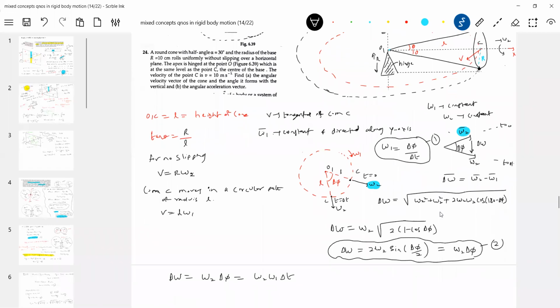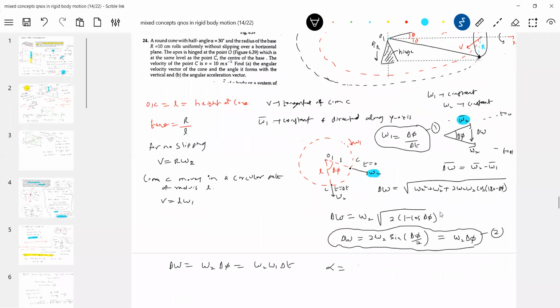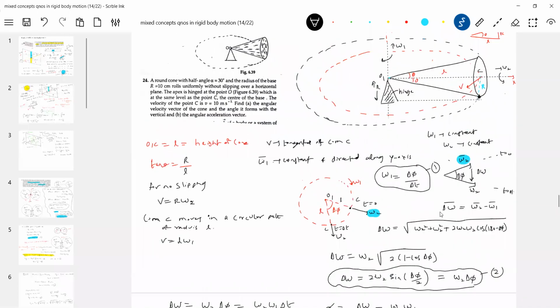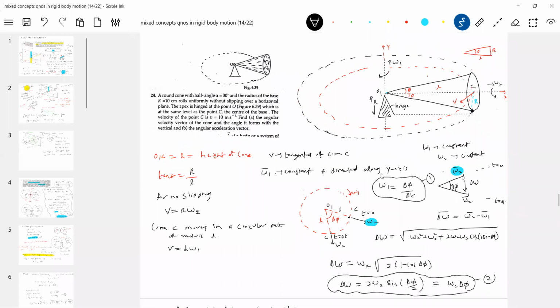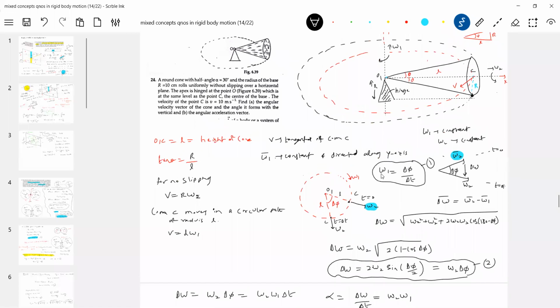How do you define angular acceleration? Change in angular velocity by time. So omega 2 into omega 1. How are they directed? How should that alpha be directed?